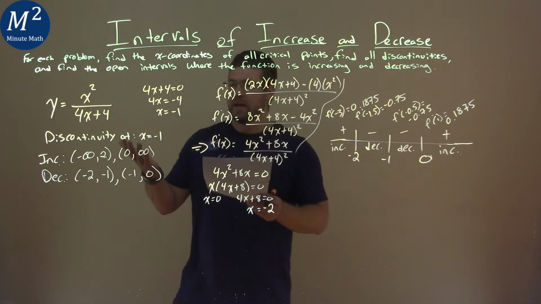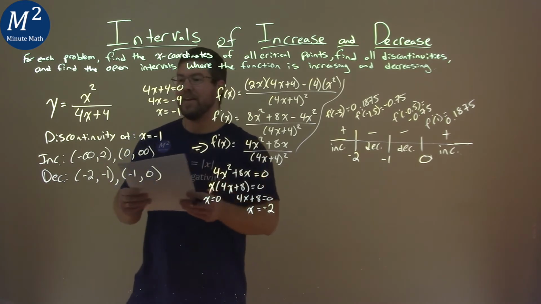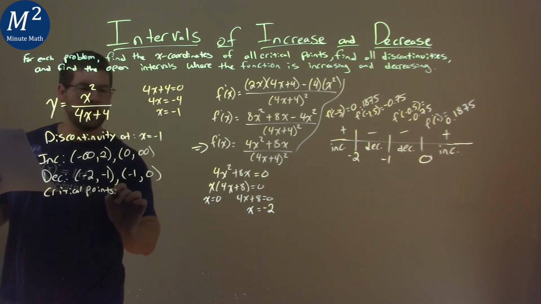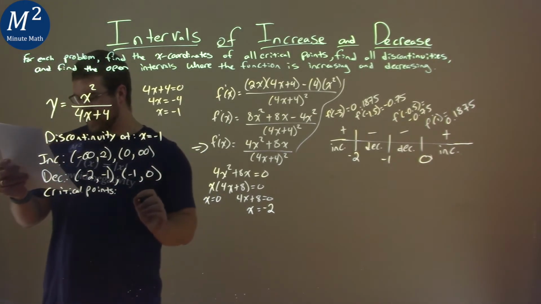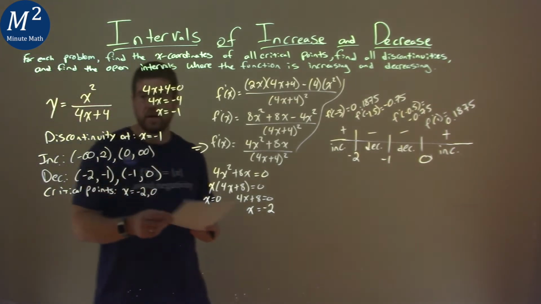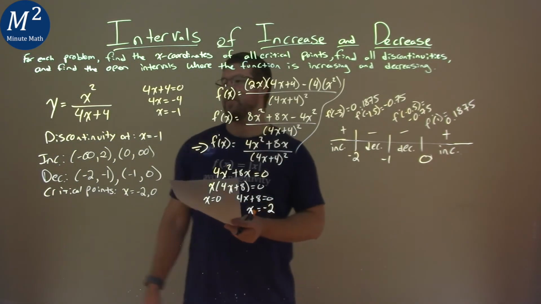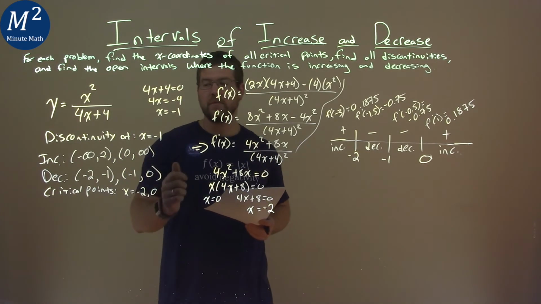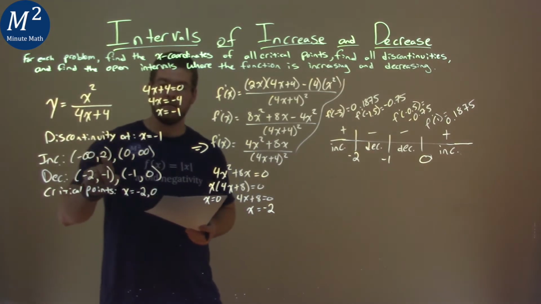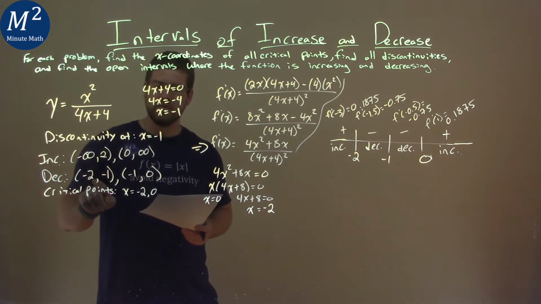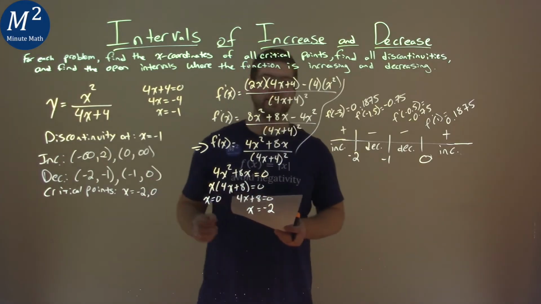And so our final answer here, I didn't put the critical points down. Oopsie. Forgot that. Critical points were x equals -2 and 0. So our final answer here is we have discontinuity at x equals -1, critical points at x equals -2 and 0. We are increasing from -infinity to -2 and from 0 to positive infinity, and we're decreasing from -2 to -1 and -1 to 0.